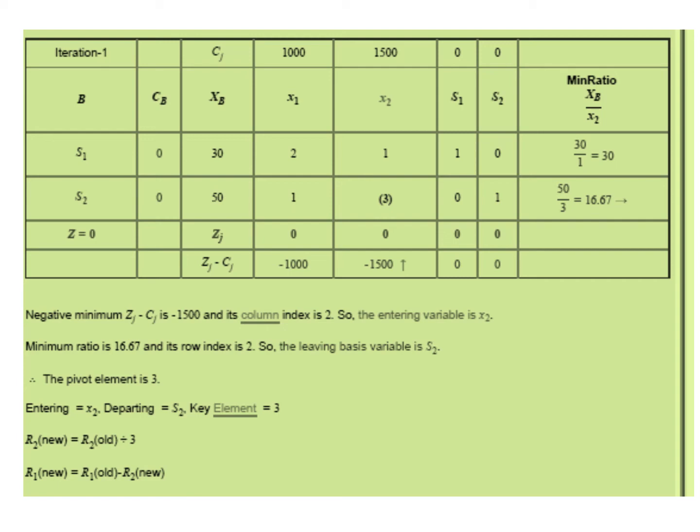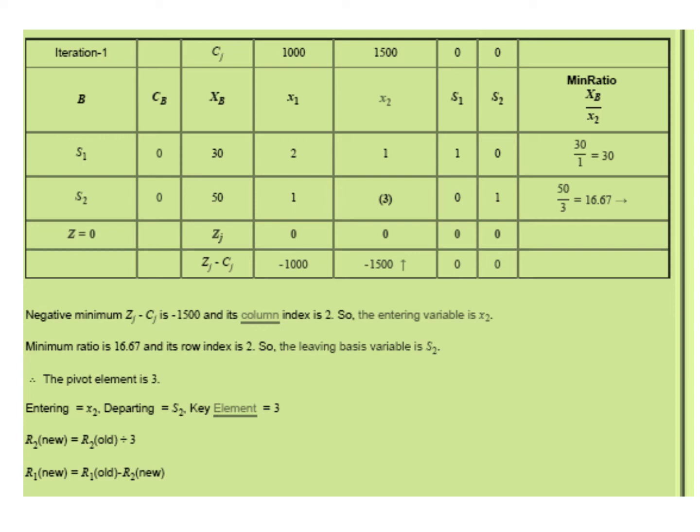Minimum ratio is computed by taking the column having the basic variable values and dividing it by the column which is the key column. If you see, it is 30 by 1 in one case and 50 by 3 in the other case. So S2 is exiting and X2 is entering, and the value 3 is the key element.